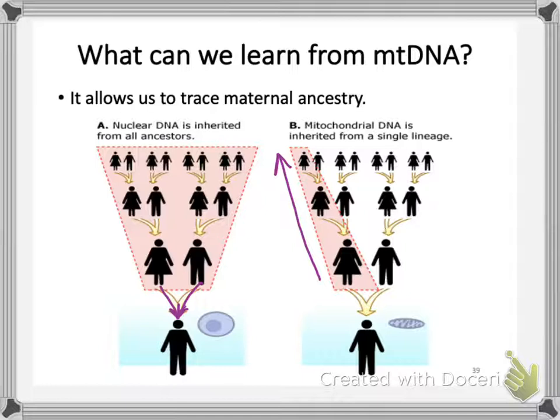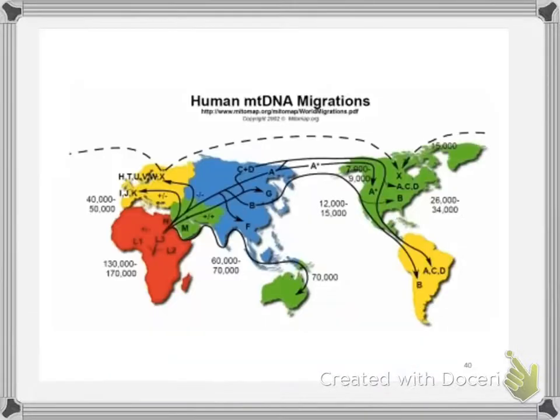And this is really cool because mitochondrial DNA has been used in all kinds of different ancestry experiments, including human migration. So scientists used mitochondrial DNA to basically trace and figure out the origins of humans.